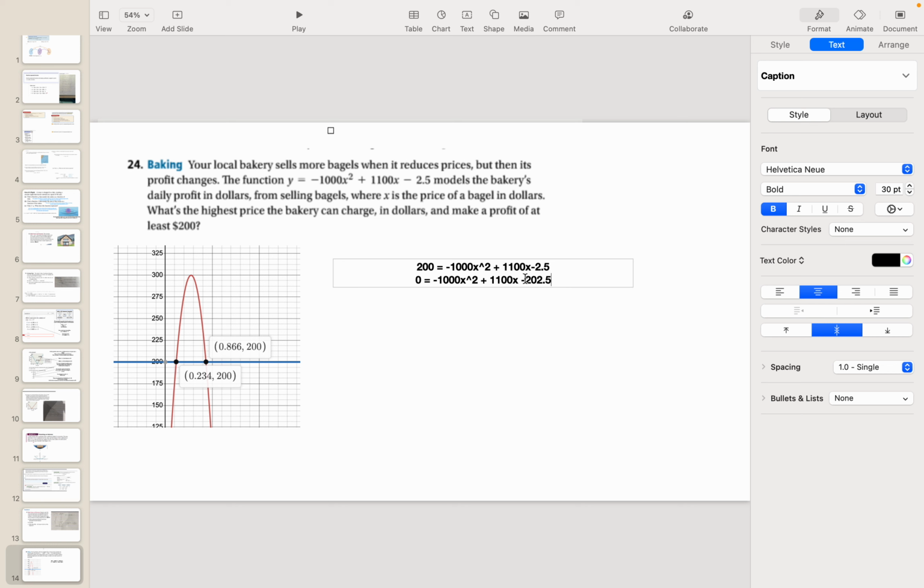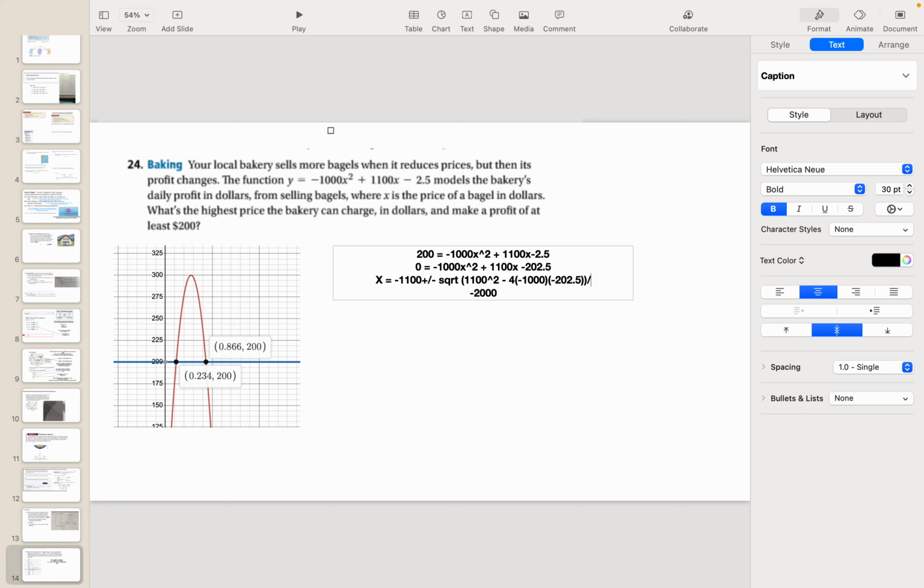If I wanted to solve this, x equals negative b plus or minus the square root of b squared, so that's 1,100 squared, minus 4ac, 4 times negative 1,000 times negative 202.5, and all divided by 2a, so negative 2,000, right?